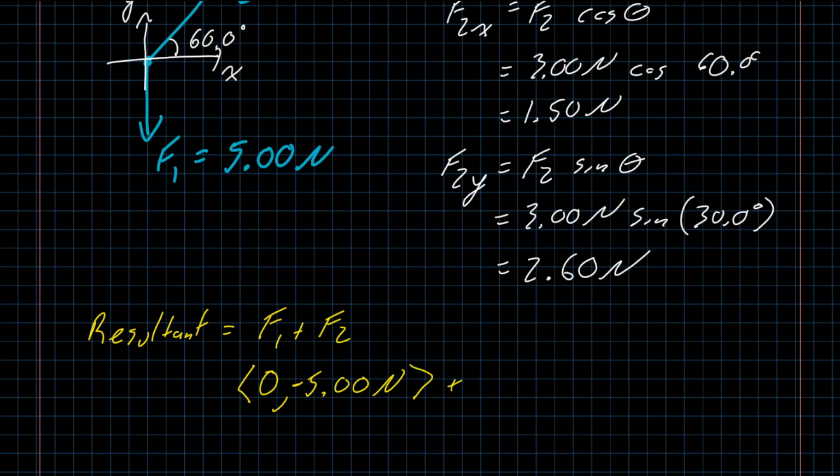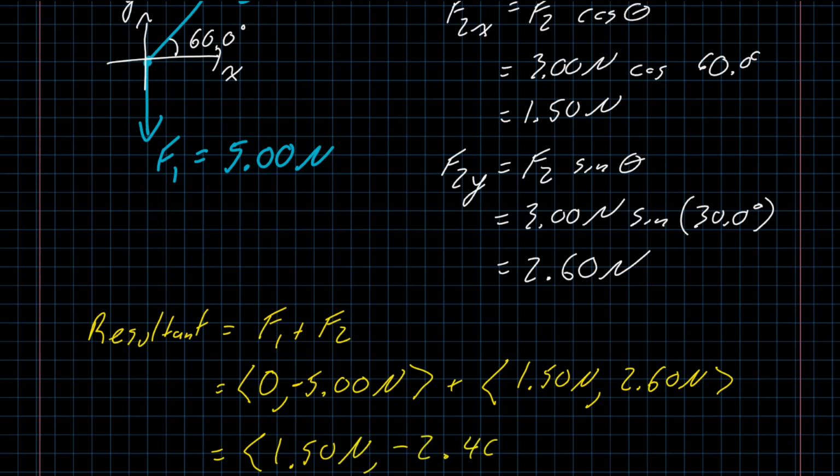F2 had x and y components of positive 1.50 newtons and positive 2.60 newtons. So, adding these together, we get a resultant vector which has components 1.50 newtons and negative 2.40 newtons.